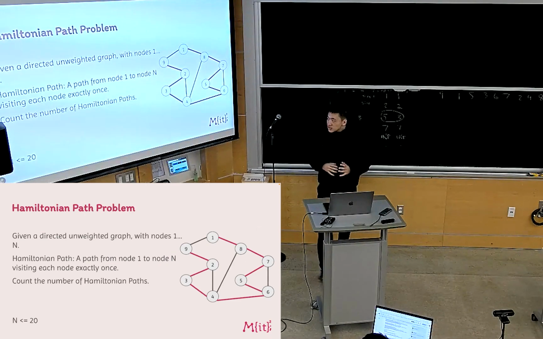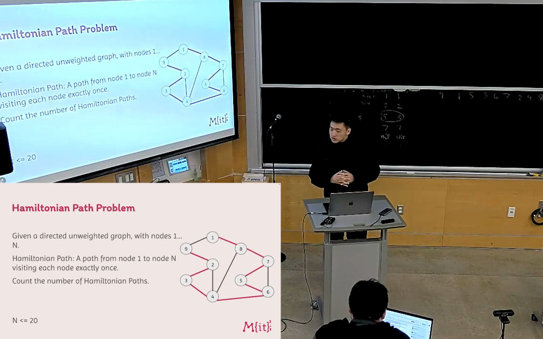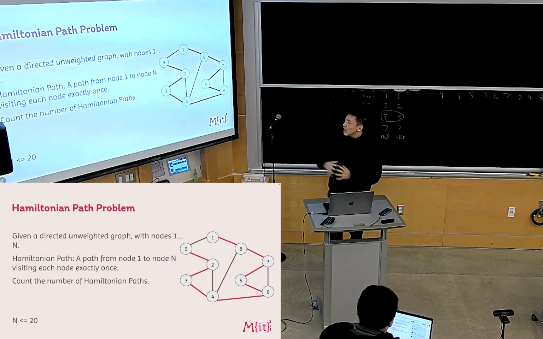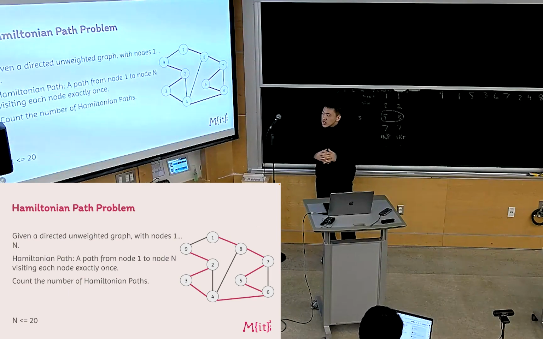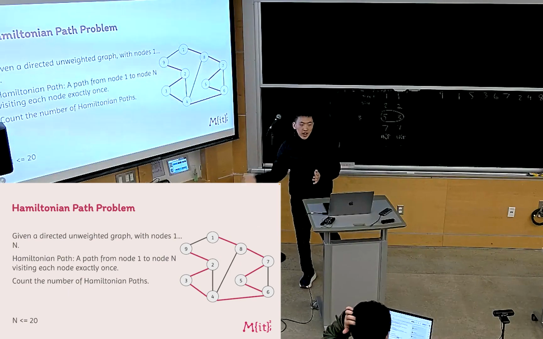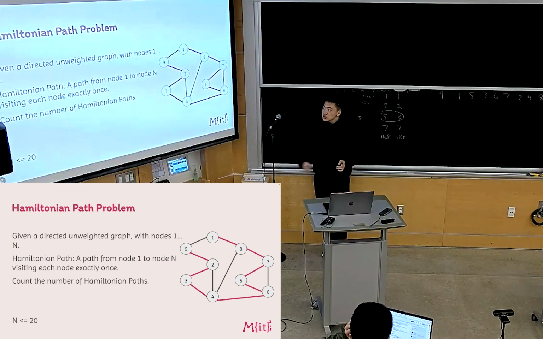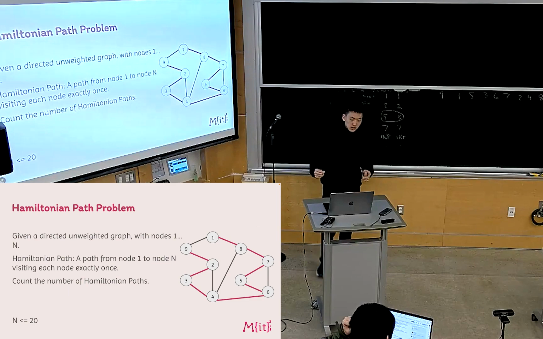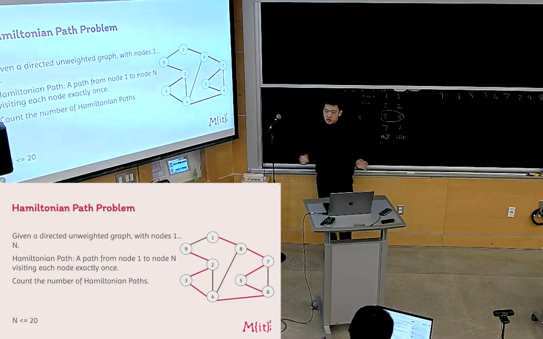So, let's say we have a graph and it's directed, or it's undirected and unweighted, and let's say that we want to find a path from node 1 all the way to node n, and it visits every single node exactly once. So, how might we approach this problem?